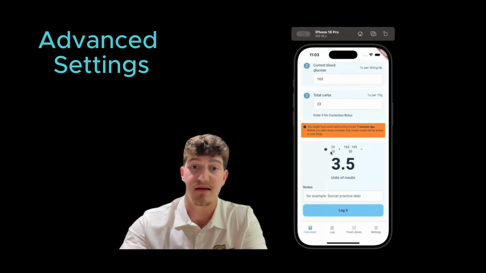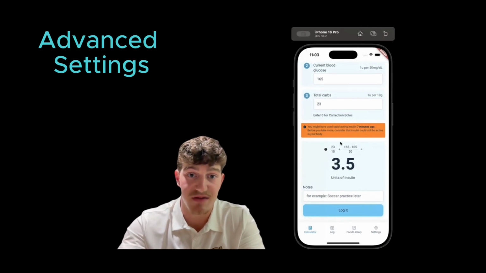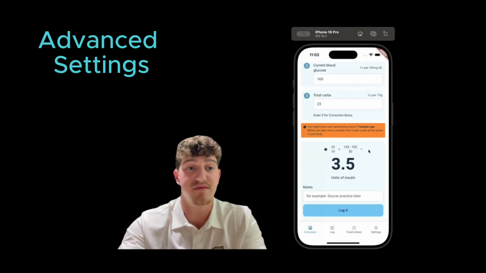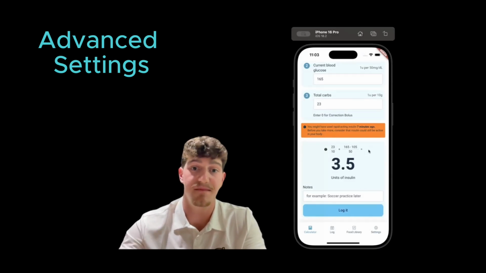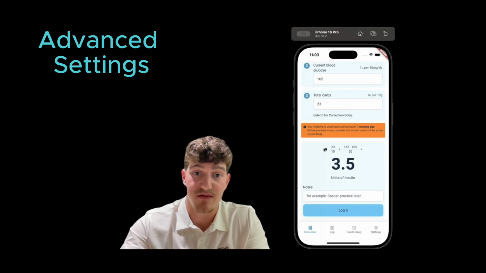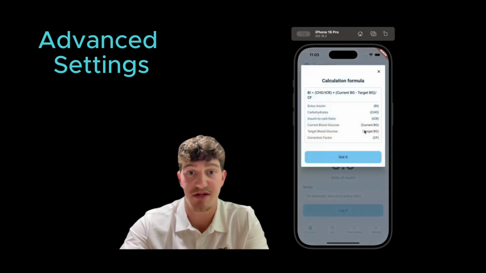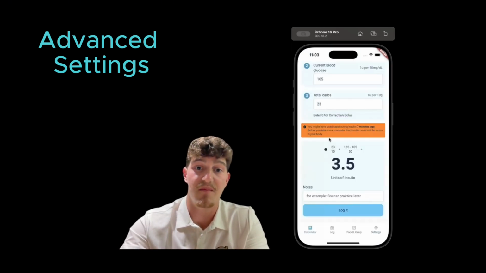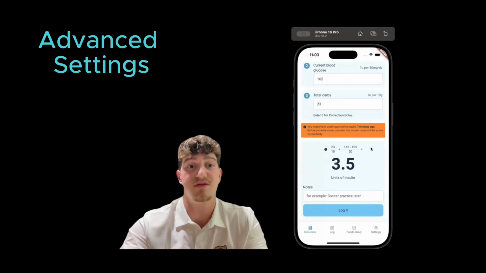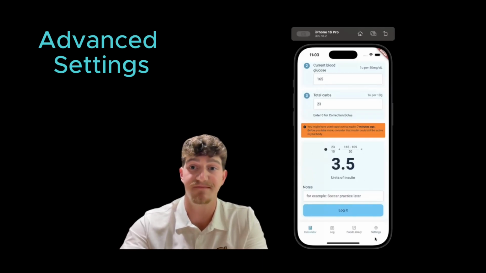And so you can see this is the actual calculation it used to get this. And then, of course, it rounded it on the end to the half unit. So if you click this little question mark here, it will show you what each value actually is. But this formula here allows you to really be confident in the calculation.